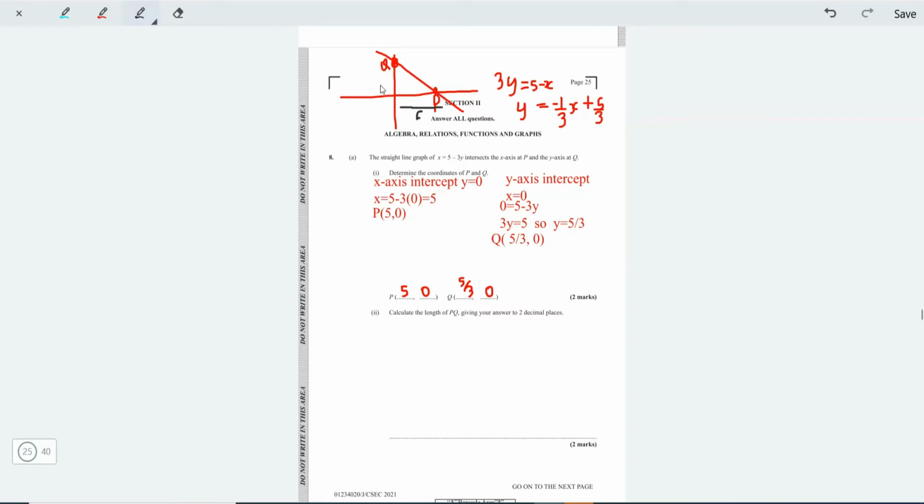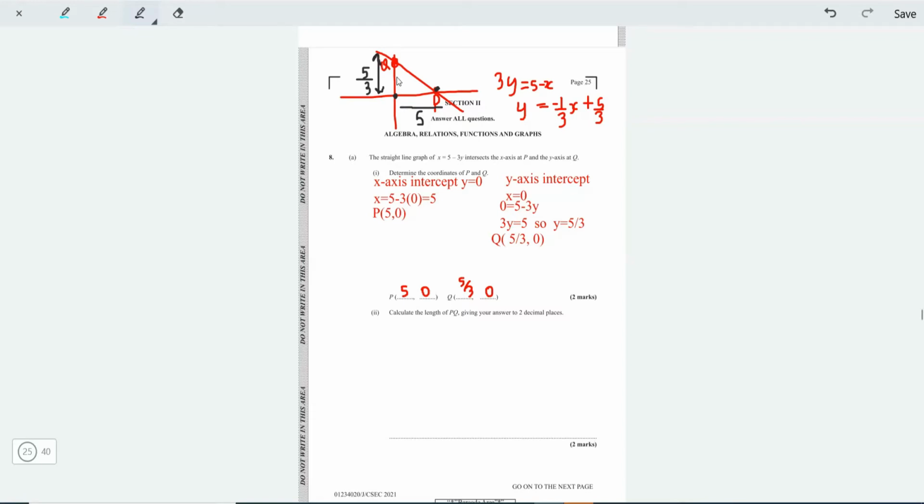And the height is from down here up to Q, and that would have a height of 5 over 3. Because this is (0, 0) and this is (5, 0), the base is 5. And to go from the origin to Q, you move up by 5 over 3.